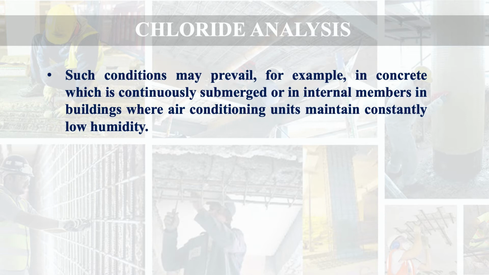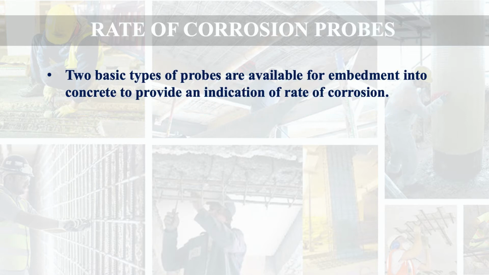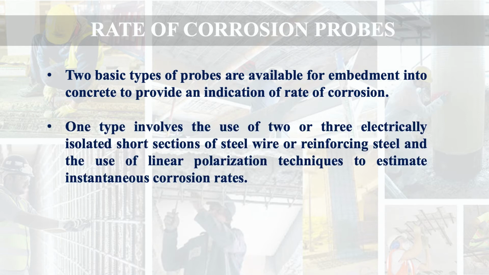Another device is rate of corrosion probes. Two basic types of probes are available for embedment into concrete to provide an indication of rate of corrosion. One type involves the use of 2 or 3 electrically isolated short sections of steel wire or reinforcing steel, and the use of linear polarization techniques to estimate instantaneous corrosion rates.